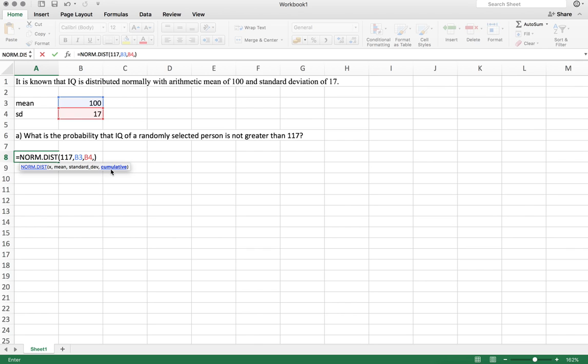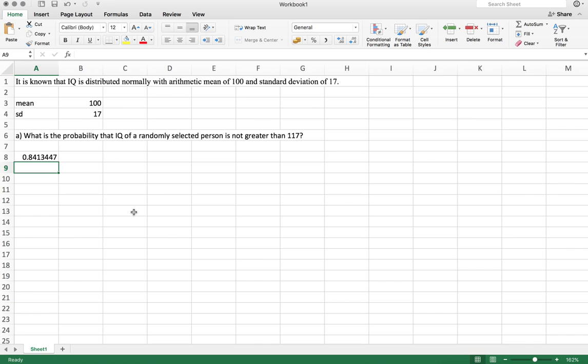True will result in the area under the curve up until the desired value of x, which we entered here. False or 0 will give us the height of the column. Since this is not something that we are looking for, we'll just write true, or Excel will also understand 1 as true. So this is now the probability that a randomly selected person will have an IQ not greater than 117, given the parameters before.